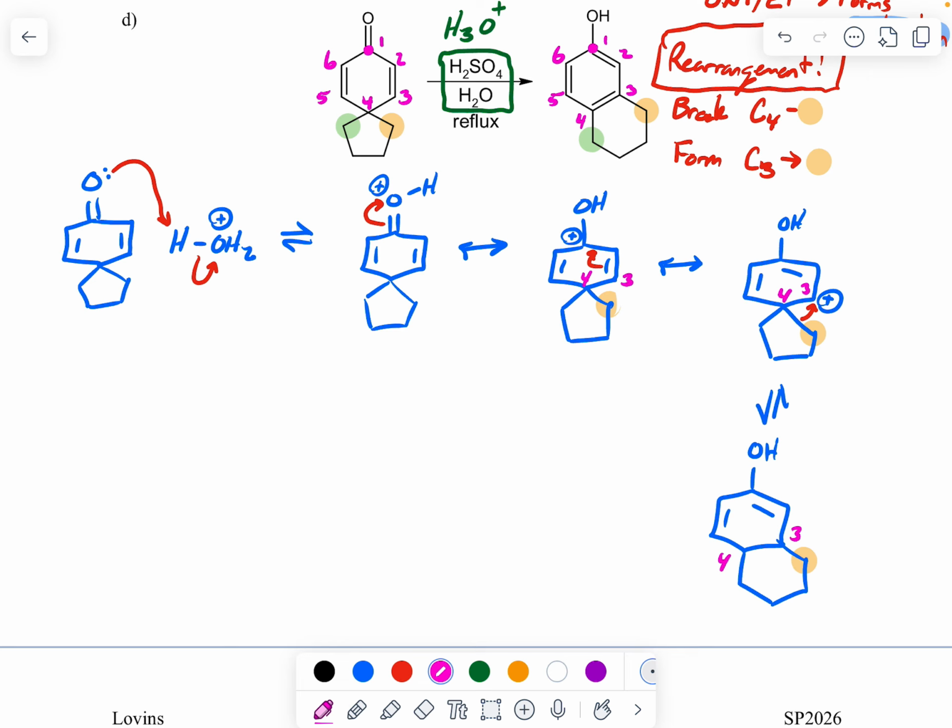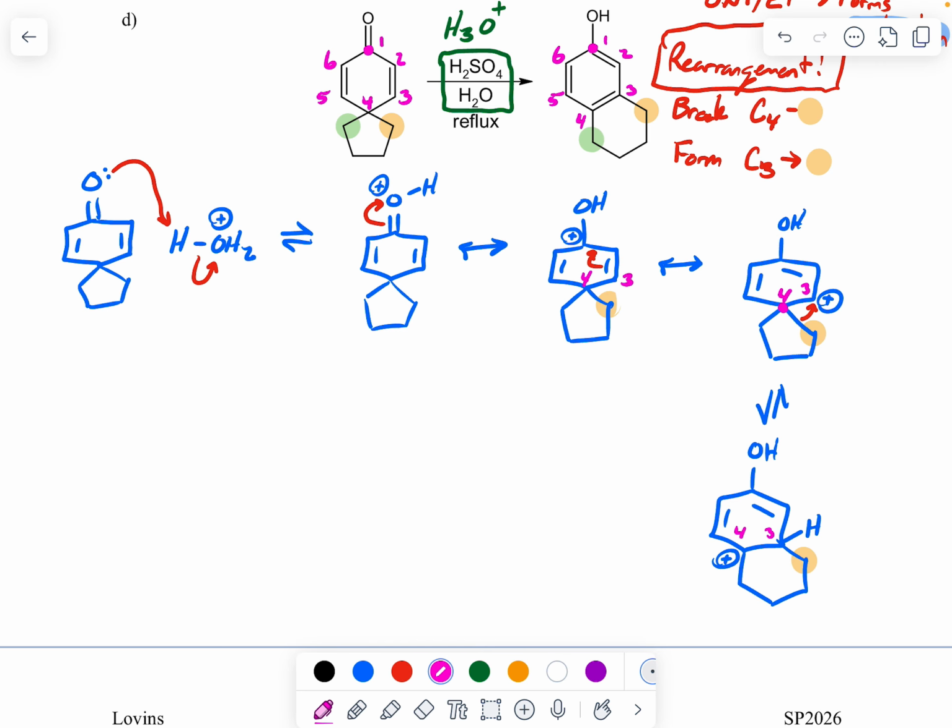Carbon 3 actually has all the bonds that it needs because carbon 3 previously still had a carbon-hydrogen bond. Carbon 4 didn't have a hydrogen attached because up here it was connected to 4 other carbons. So by losing that bond, the positive charge to the carbocation that was originally on carbon number 3 can now be shown on carbon number 4.